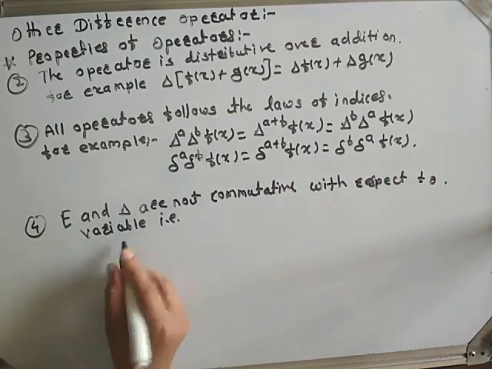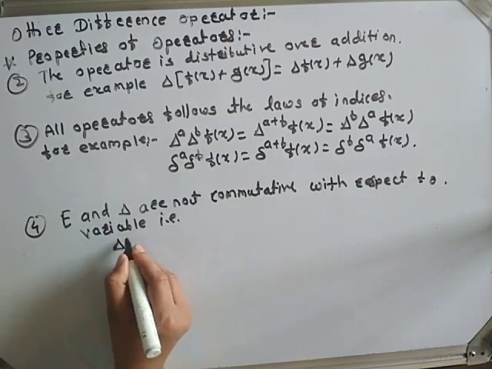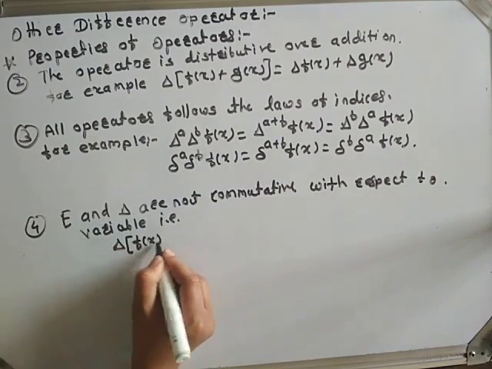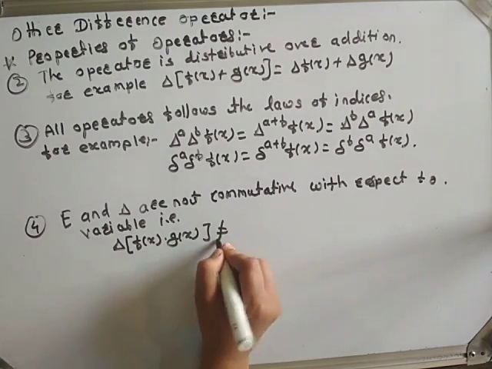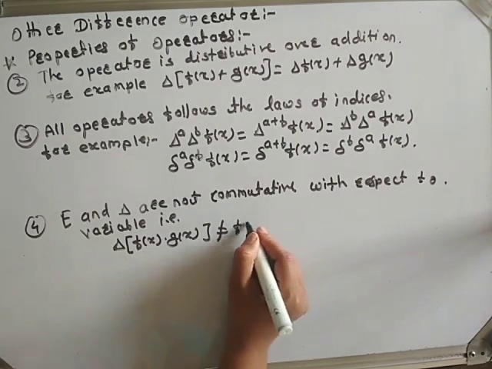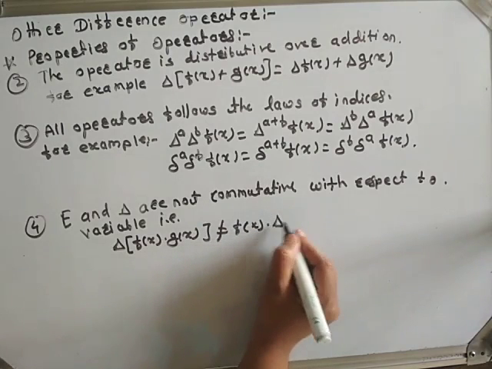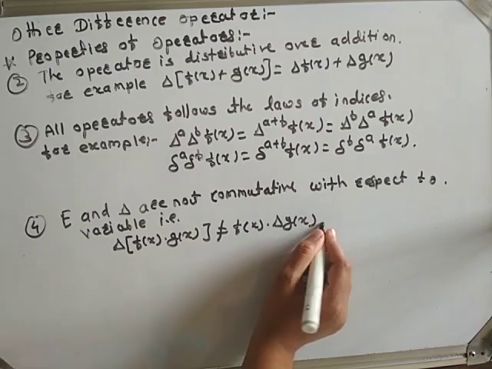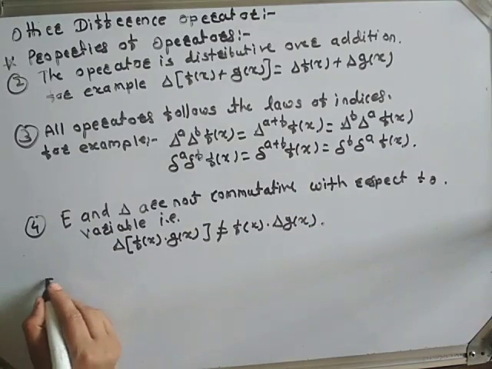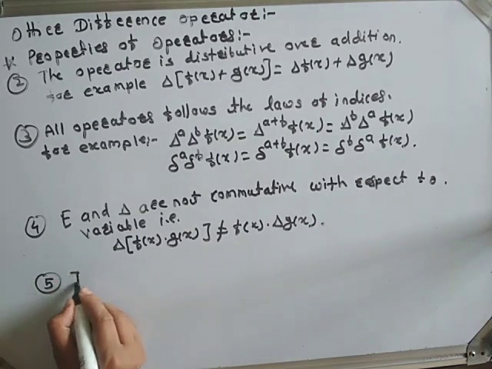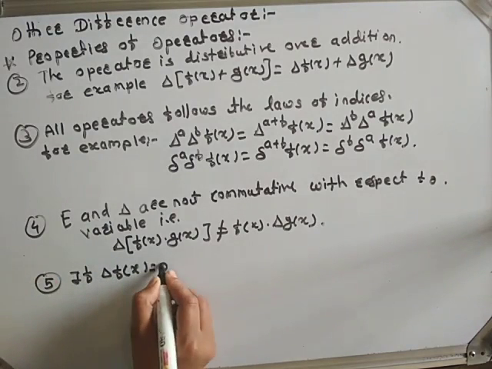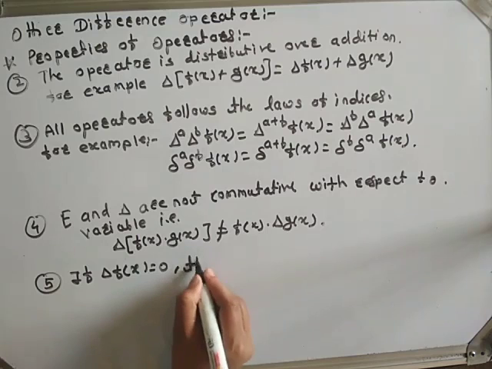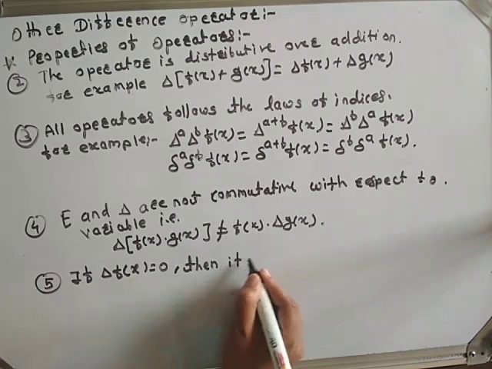That is, delta of f of x into g of x is not equal to f of x into delta g of x. Okay.